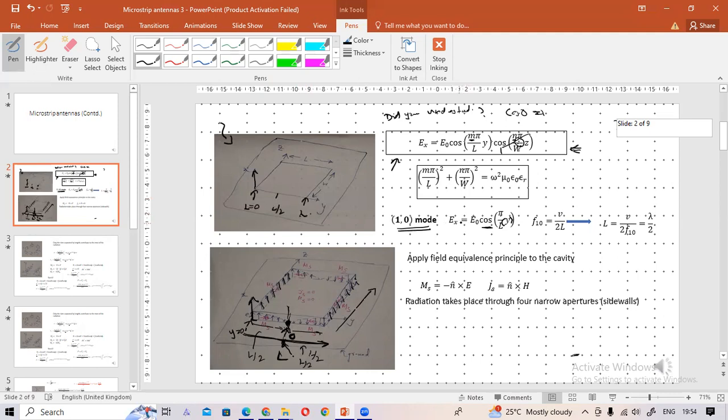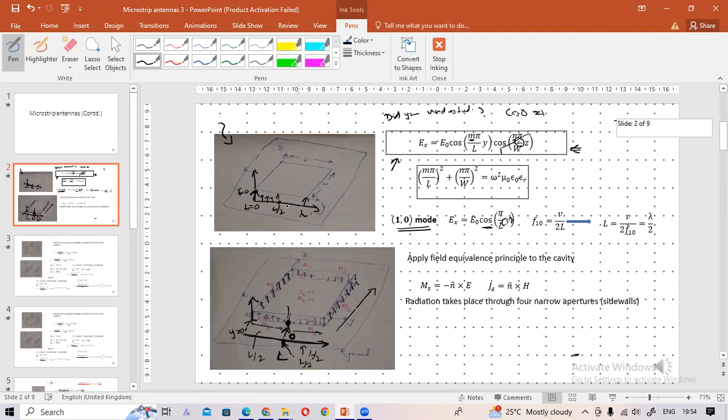If you apply some value here, you can see that at this end the E field is equal to E naught. When it goes through this length, this Y direction, the E field gradually decreases, and at the middle it will be 0.